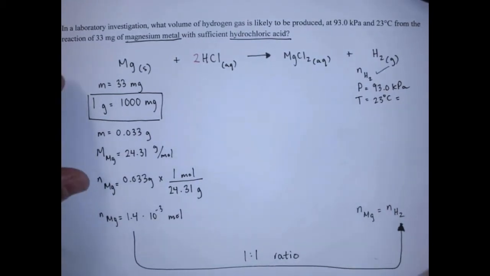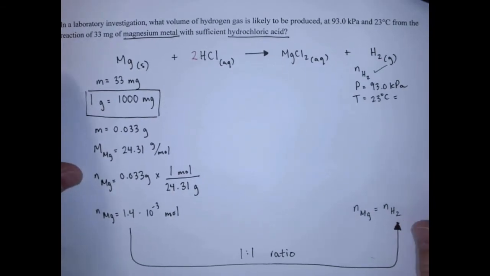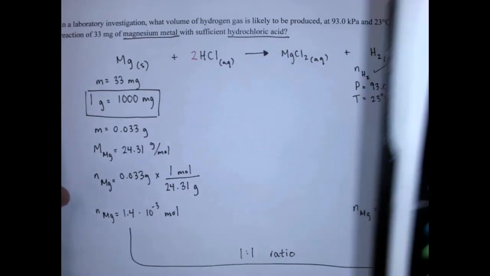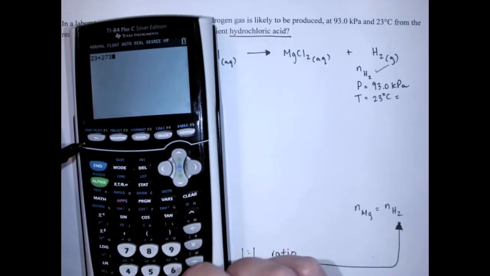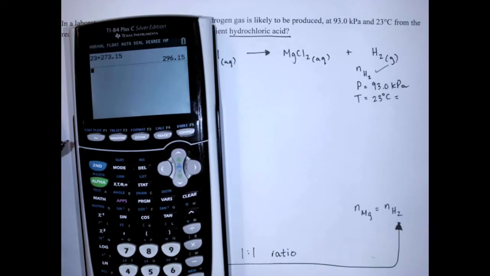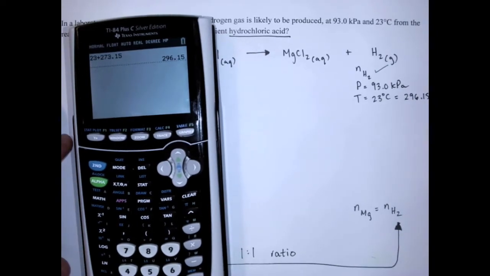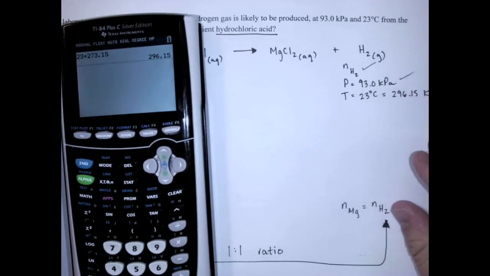Convert that to Kelvin. So it's 23 plus 273.15. I get 296.15 Kelvin. So I've got number of moles of hydrogen, I have its pressure, I have the temperature.